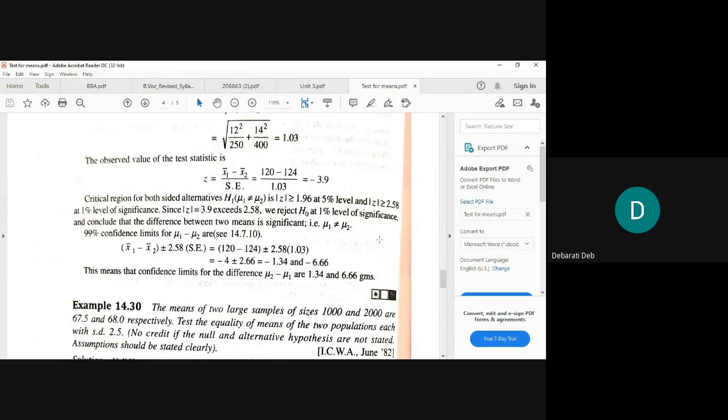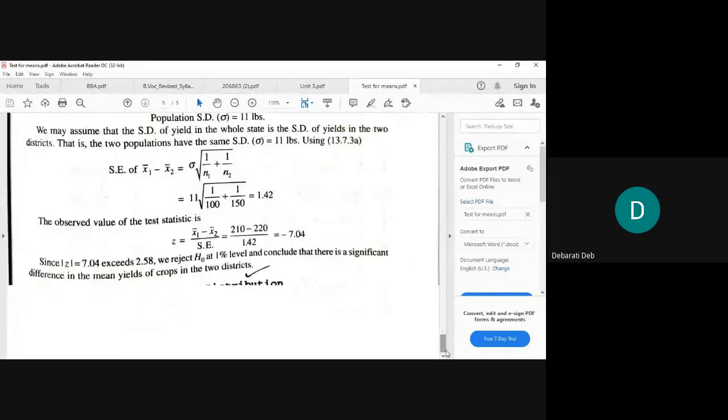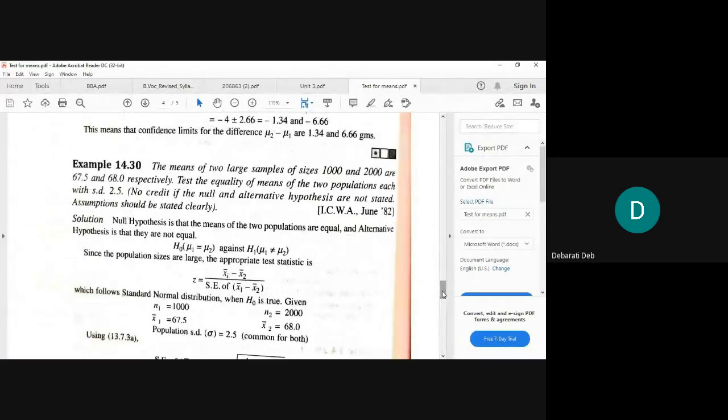All right. Any doubt in this problem which we have solved right now? Any doubt? Anyone? You can ask.